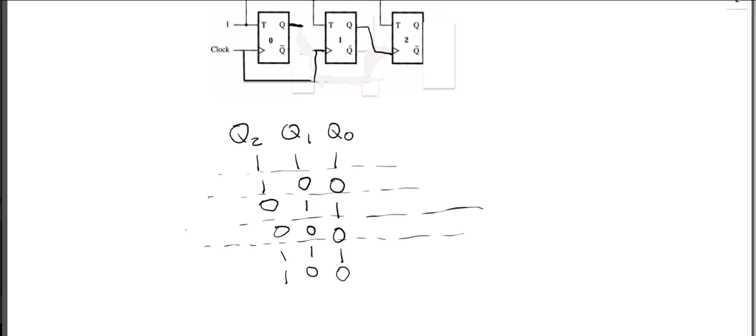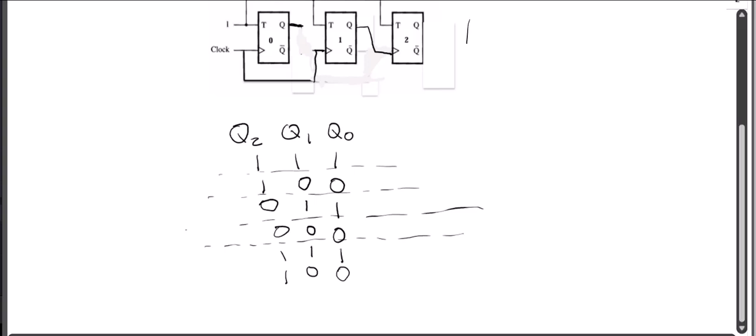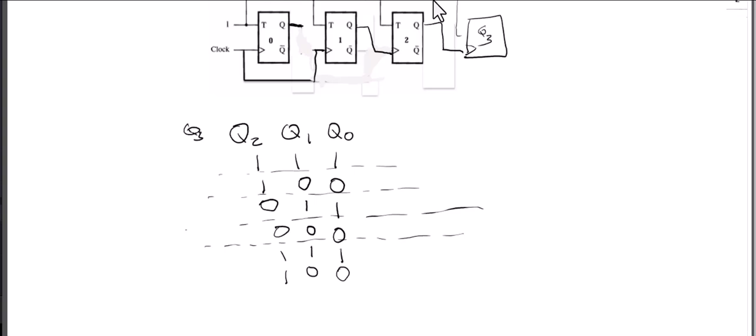Like if I had yet another flip-flop here, and the clock went to that, let's say this is Q3, it would be every 4. So just keep that in mind too.